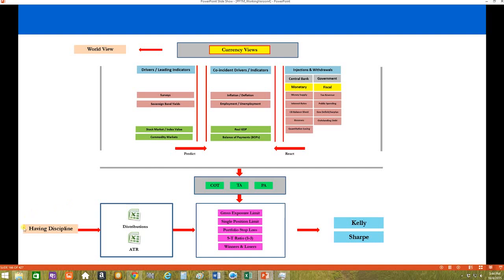Then we have our discipline area, so this is using risk management processes. And we went through earlier, in the advanced computational methods with Chris Quill, a distributions and ATR analysis of the Aussie dollar and the euro dollar.